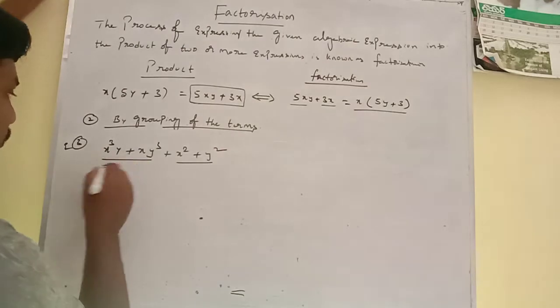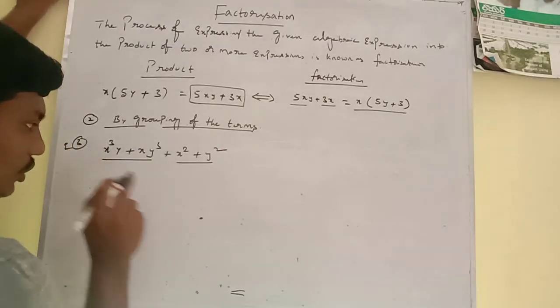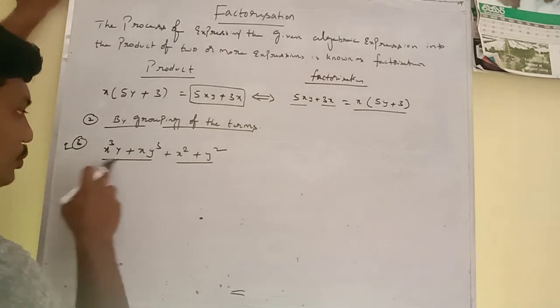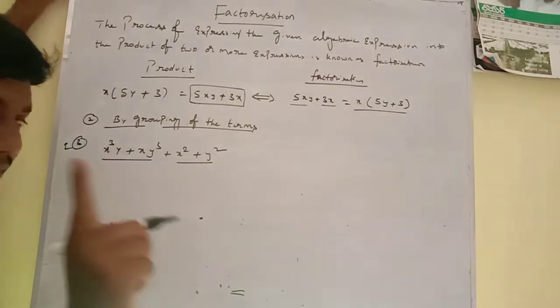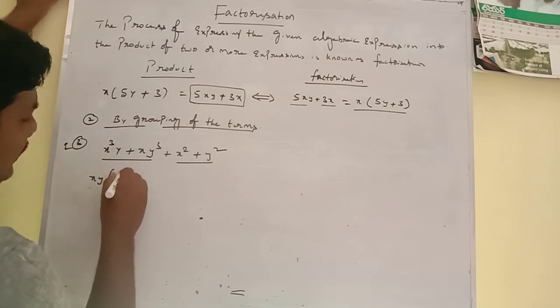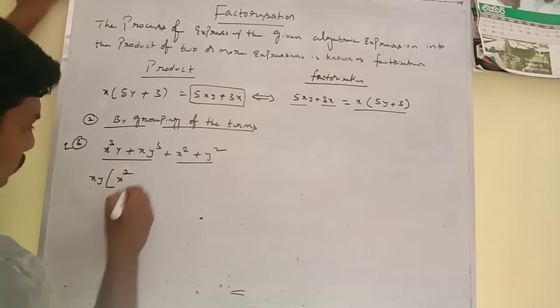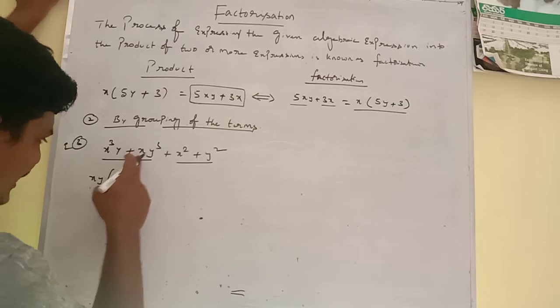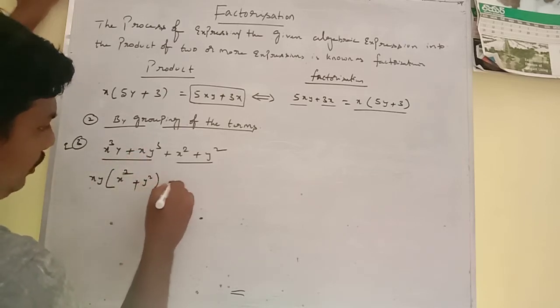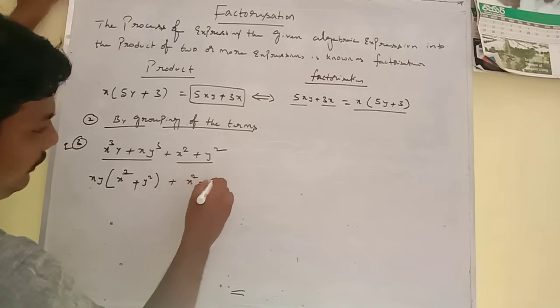In the first two terms, x 3 times and y 1 time, x 1 time and y 3 times. That means x and y are repeating once, so I am taking xy. The remaining is x square plus y square, plus x square y square.